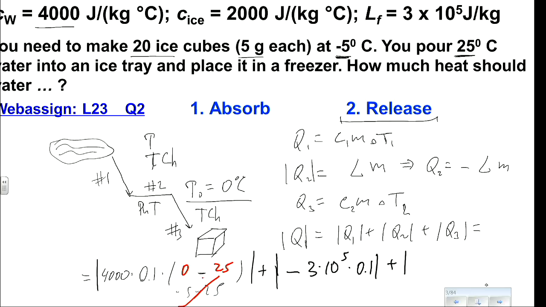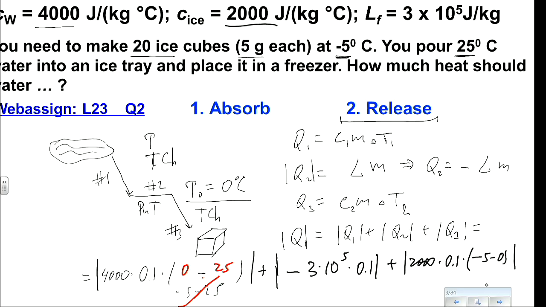Plus, and now the third term, now it is ice. So we've got to use values related to ice, the same mass as before. And now temperature change, final for ice minus initial for ice.